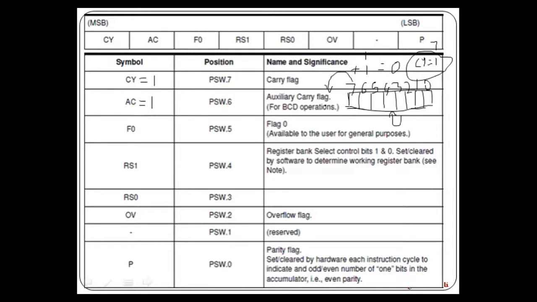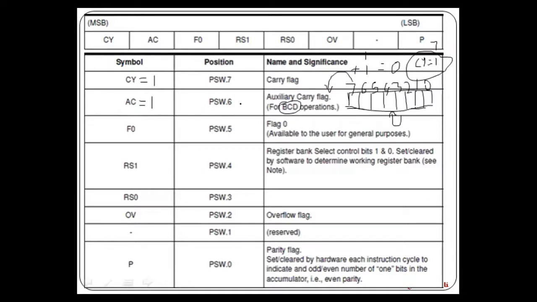It has a very important role. If your auxiliary carry is 1, that means your result is not in the proper BCD format. Now BCD is binary coded decimal, and this has an important application in the digital world, and this is very different from binary numbers. So if this happens, the result is not in the binary coded format, and you have to convert it to proper BCD format.